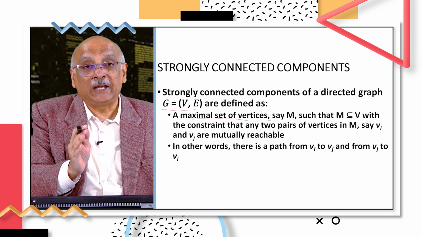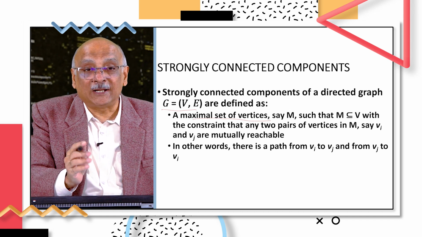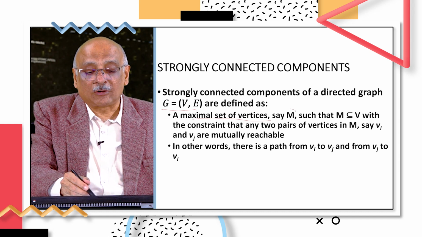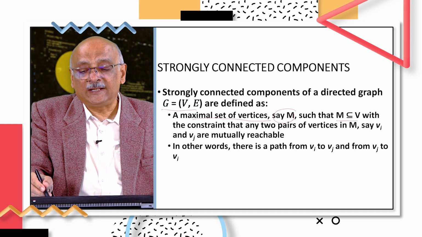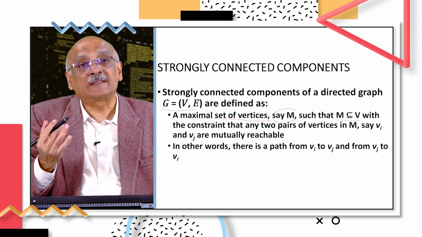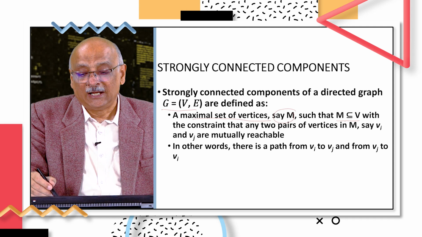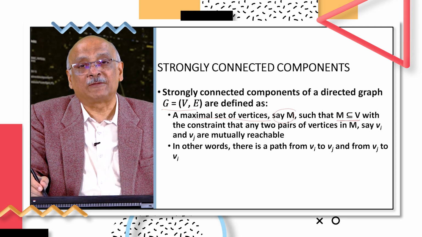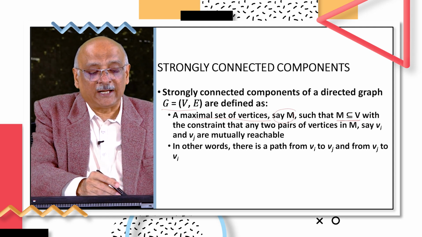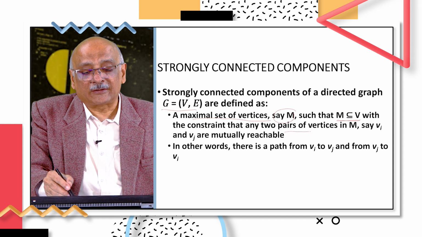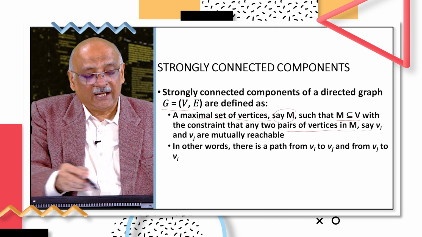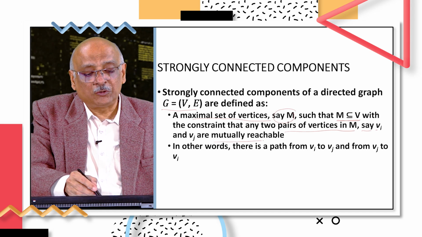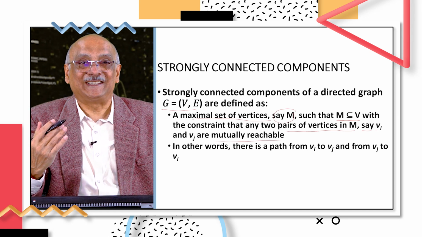So, we are looking for a maximal set of vertices, let us call that M, such that M is a subset of the set of vertices, with the constraint that any two vertices in M, say Vi and Vj, are mutually reachable from each other.